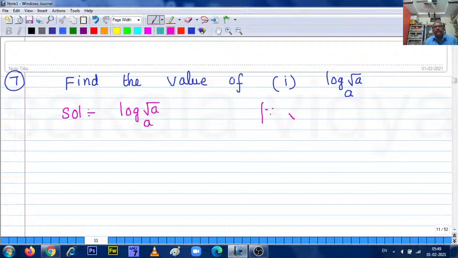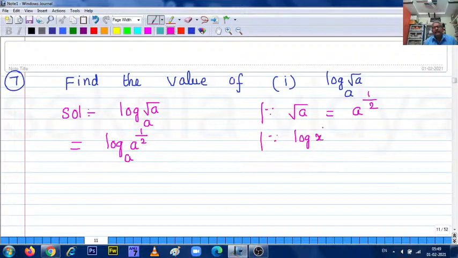This root a can be written as a to the power of 1 by 2. The first step. So this is equal to log a to the power of 1 by 2 to the base a. And we have one more formula. Log x to the power of n to the base a, power rule. This we can write n times log x to the base a.